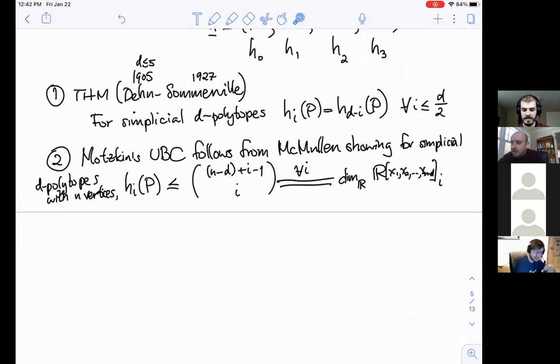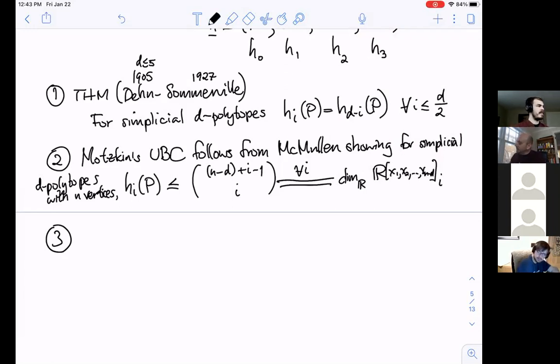Okay, here's some more things that happened after McMullen showed the upper bound conjecture by proving that inequality. He supposedly went to a pub and got a pint and sat down with a napkin, and he started thinking about all of the things that people began to conjecture about the face numbers of simplicial polytopes, because there started to be a lot of activity after his proof.